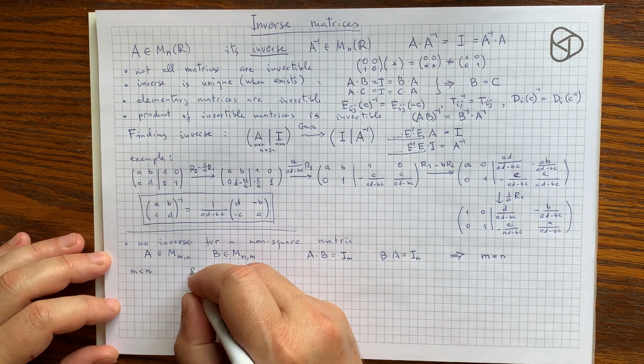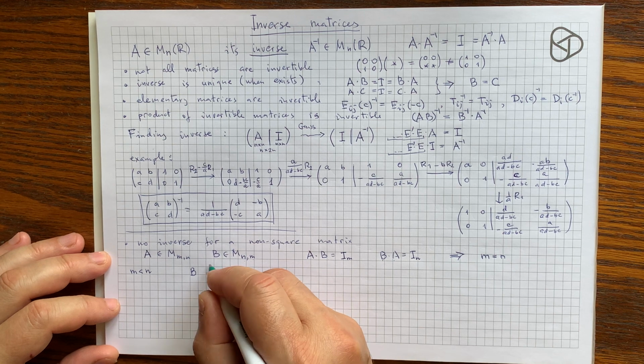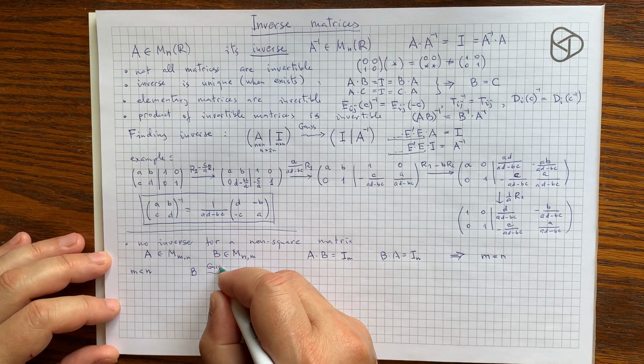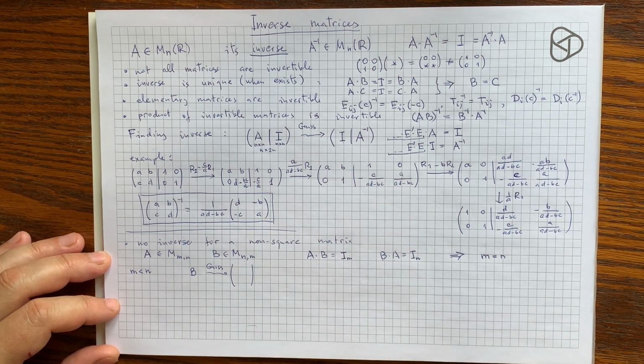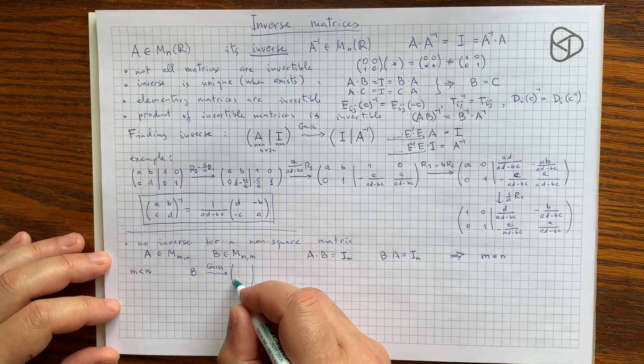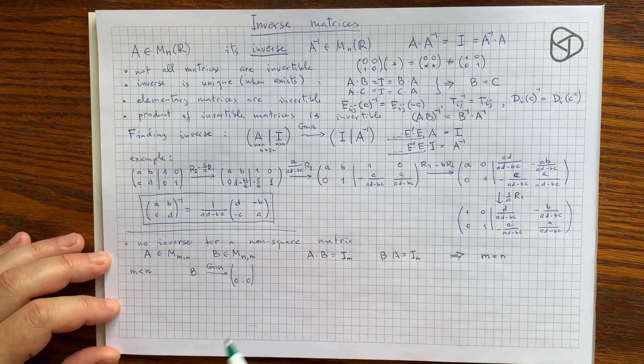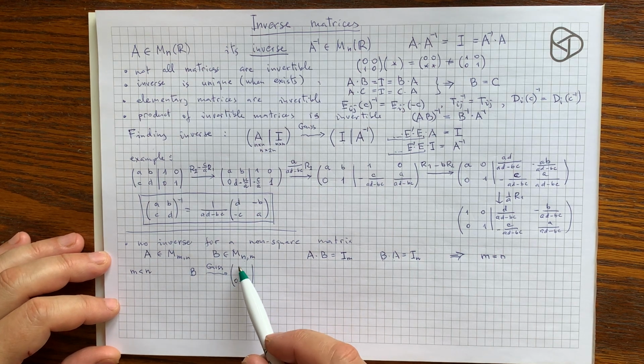It will have more rows than columns. And then when we do Gauss transformations, eliminating as much as we can, creating a row echelon form, we will inevitably create a row of zeros, because we won't be able to have pivots going all the way down to the corner. Pivots will run out of space because we have more rows than columns.